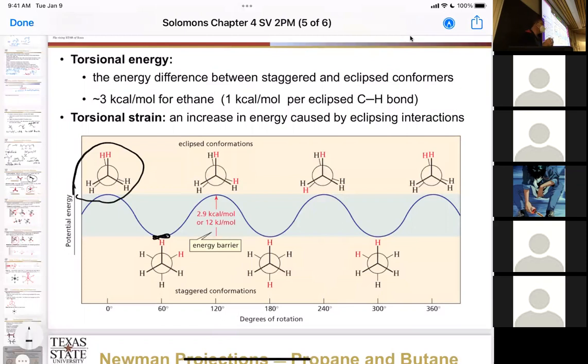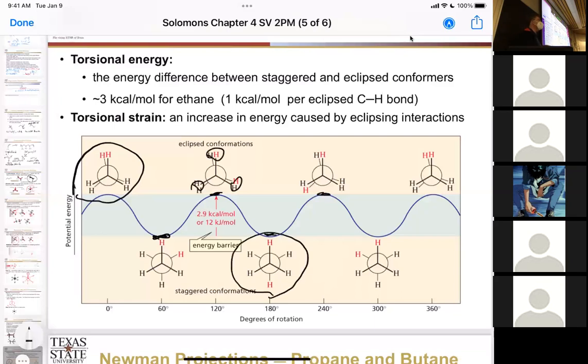Okay, not very much. And then if we were to rotate at 60 degrees, we're going to be at that exact same energy level. Notice that we have a total of 3 hydrogens butting up against each other 3 times. And then if we were to go back to staggered, we have that low energy condition.